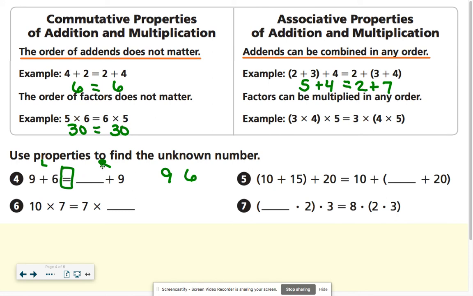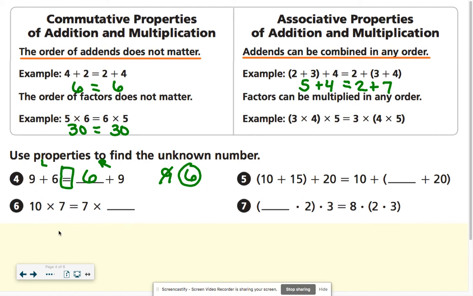On the right side, I have the 9. What I am missing that showed up on the other side is the 6. So this was using our commutative property. It was just changing the order of which number went first.